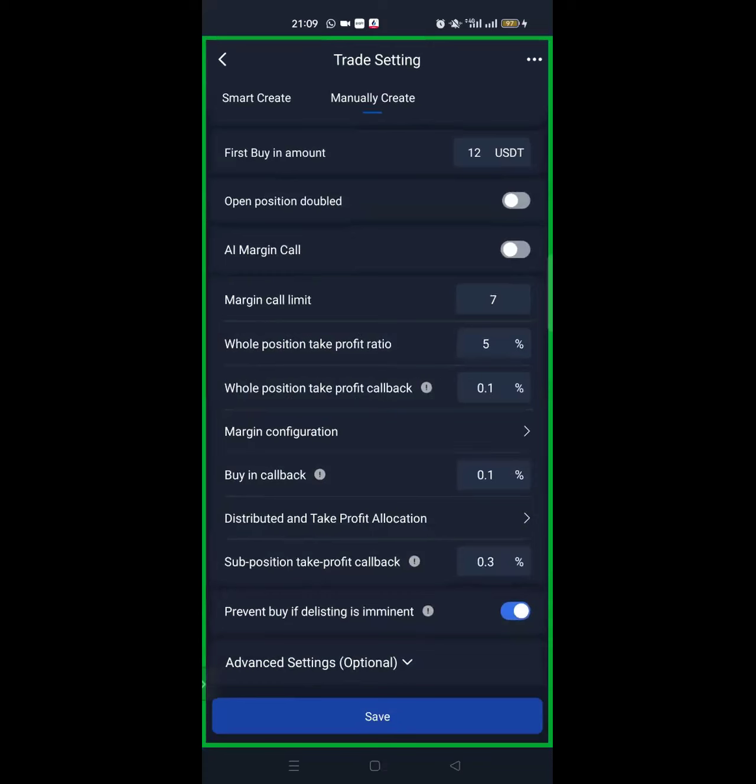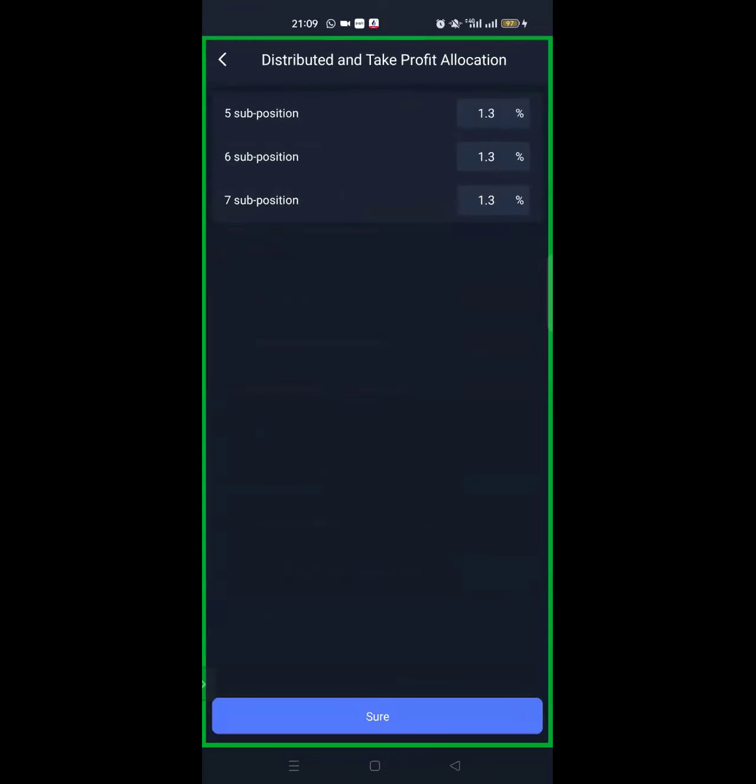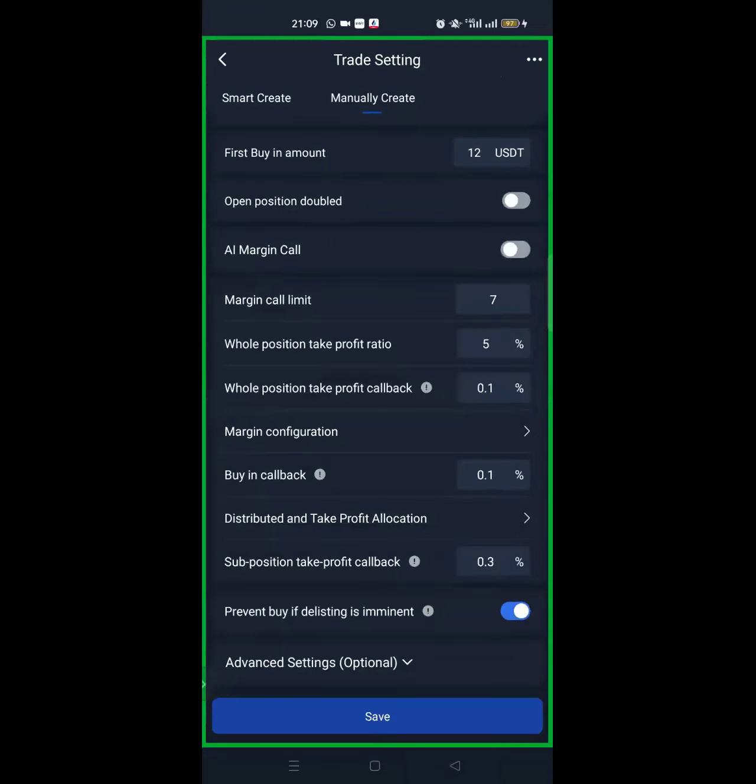Now, the next one is distributed and take profit allocation. This here controls the sell of your margins, anything from the fifth call downwards. Yes, the fifth call. Remember that your fifth call, your sixth call, your seventh call downwards sell individually if you put it in sub-bin mode, real-time settlement.